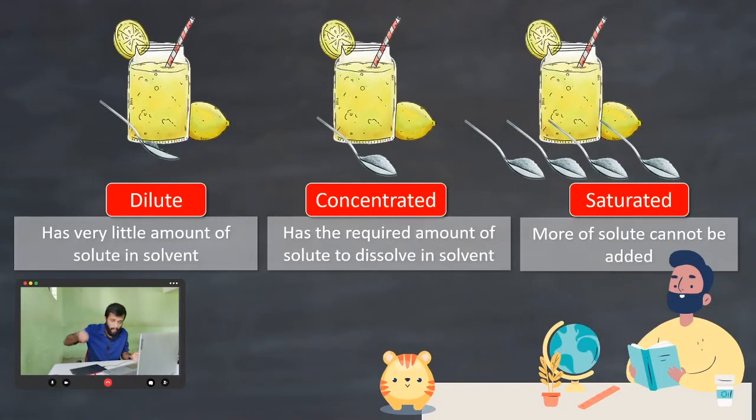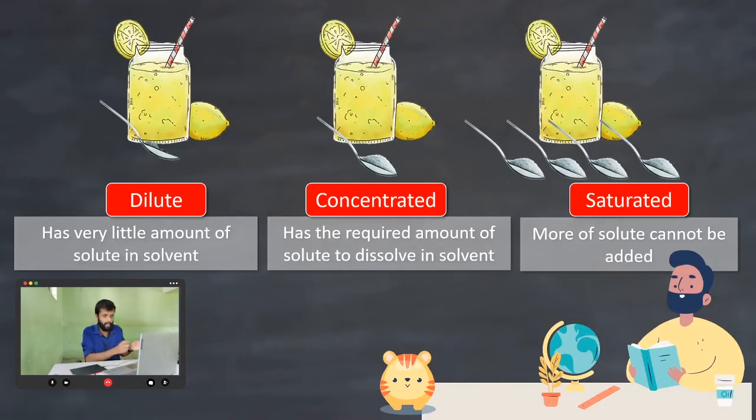So I'm adding sugar to a point that if I put a little bit more sugar inside that solvent, it is not going to get mixed anymore. That level, that highest peak where you can't add more sugar, is called a saturated solution.